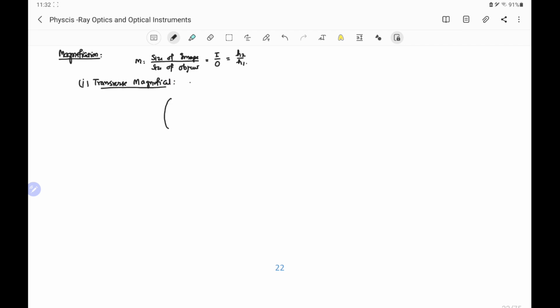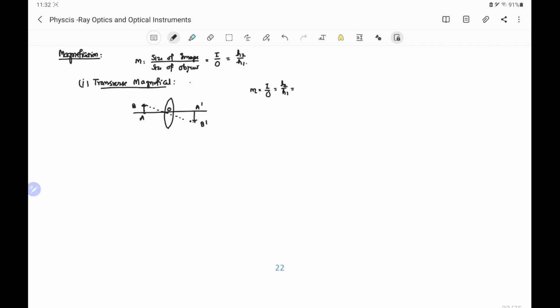Suppose we take a biconvex lens. An object is placed vertically upward on the principal axis, this is AB, and a ray is taken which passes through the optical center undeviated and forms the image, say A dash B dash. The image is inverted, so magnification is I by O or H2 by H1.